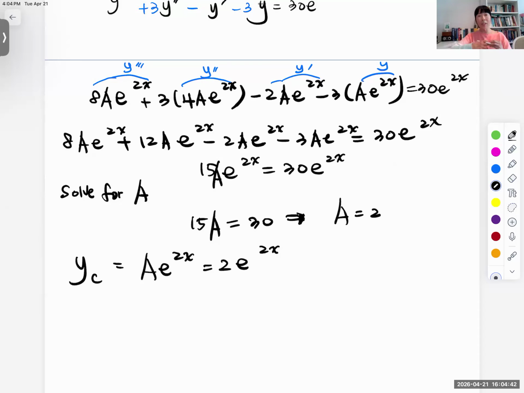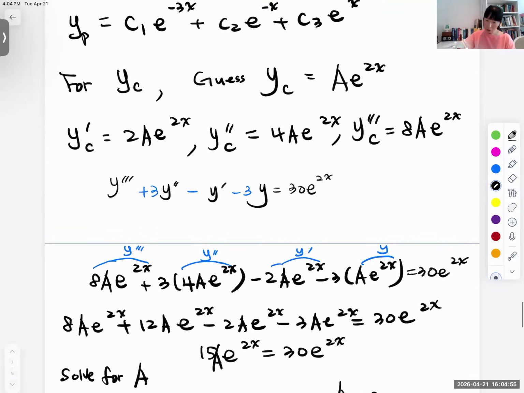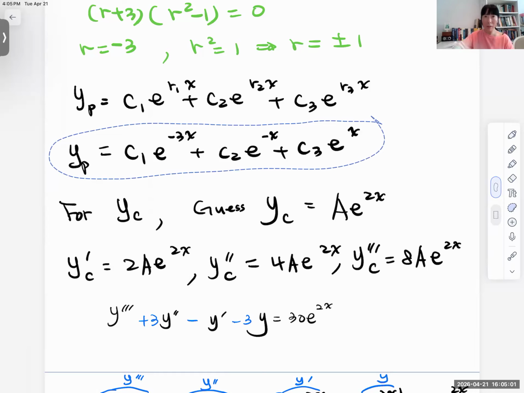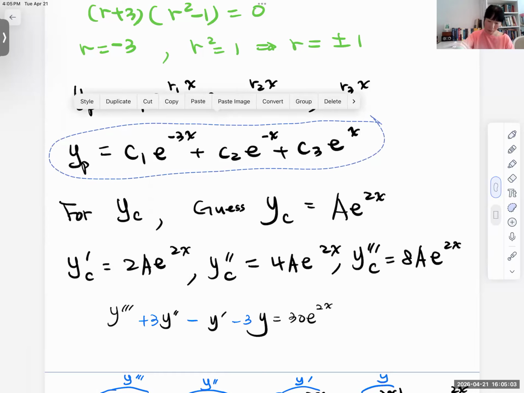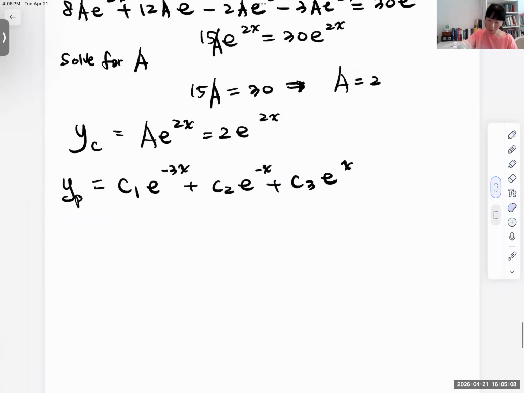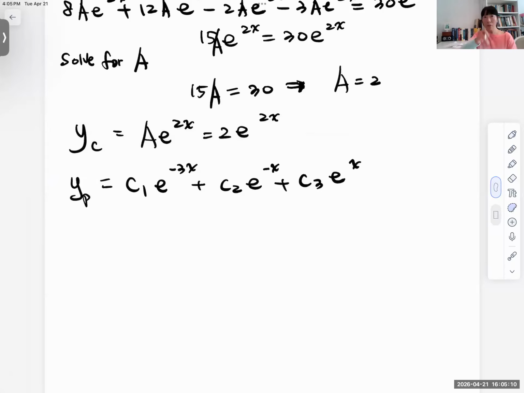Now, we have an initial value problem, so we need to find such constants c, right? So let me bring up the particular solution here. And then we rewrite the equation of y, right?